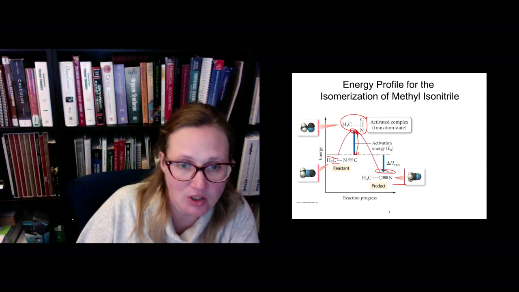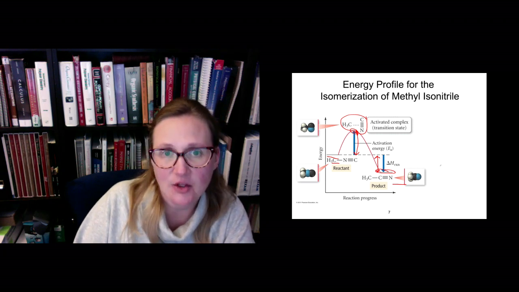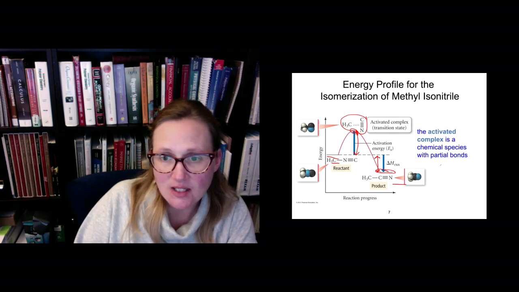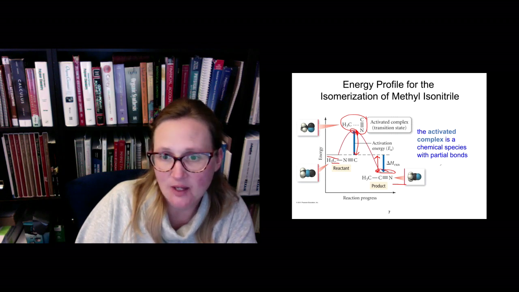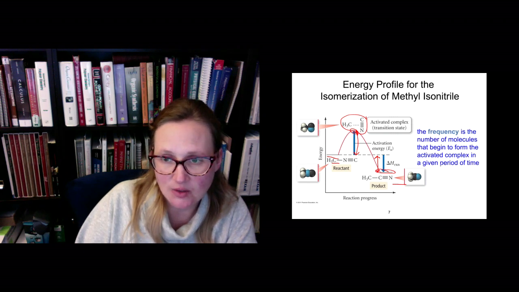Well, that's the energy of the reactant to the product. Okay, that's the enthalpy of the reaction. All right, and the transition state is where you have these partial bonds, the weakening of the bond and the rotating of that CN. Of course, and the activation energy is the difference between those.